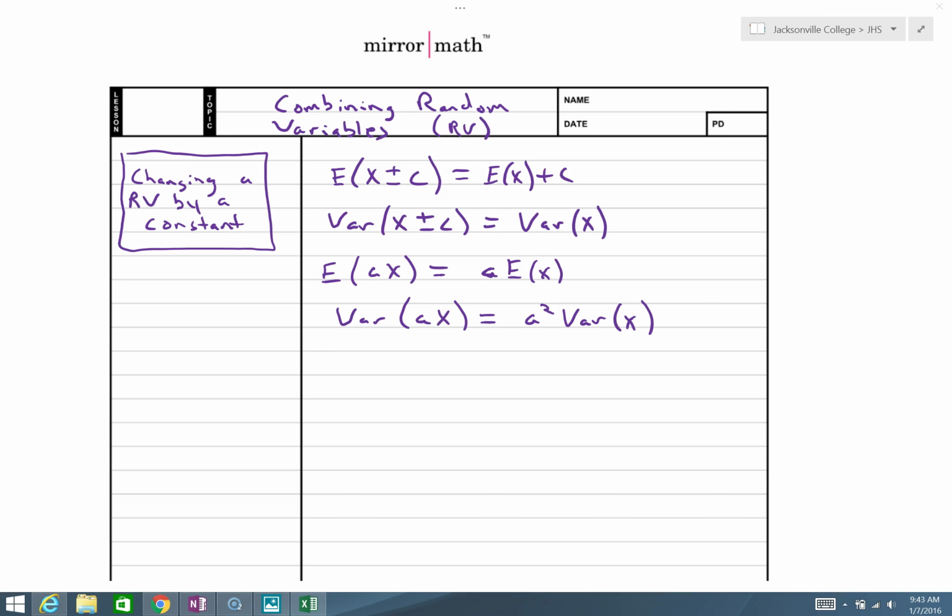I'm going to write this as a standard deviation, and you'll see the analogous statement here: the standard deviation of a times x is simply equal to that value a times the standard deviation of x. Okay, so these two formulas here are equivalent.